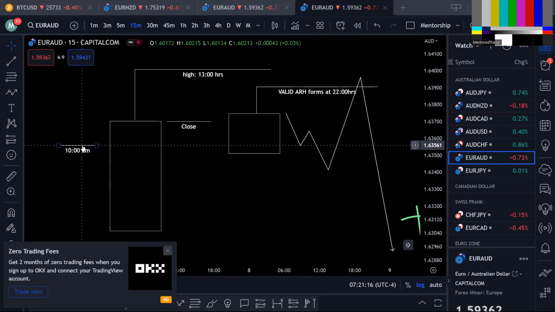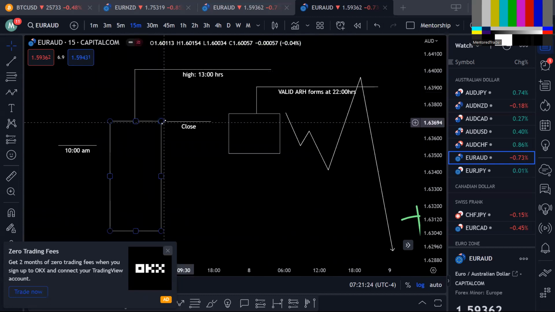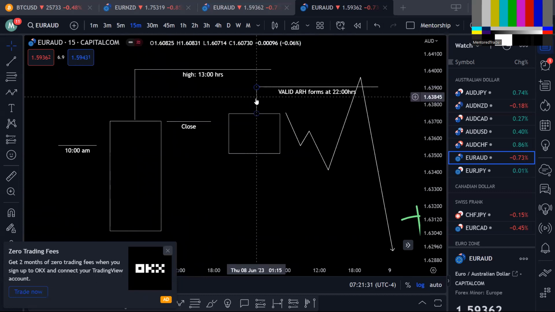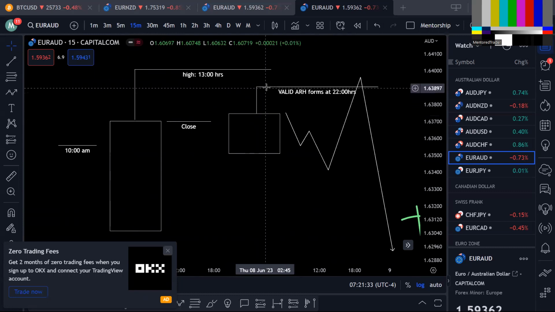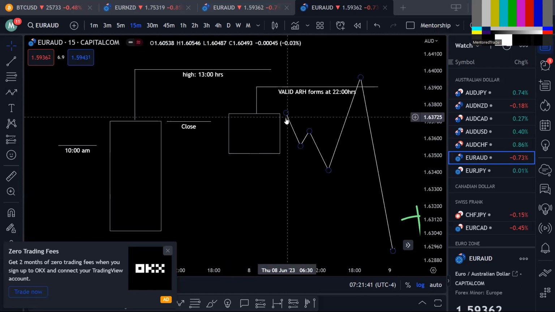The hour rejected price, didn't reject price, rather. Price kept going up. Then the New York hour started pushing price lower. It closed wherever it closed, it's okay. Then 2200 hours, New York time, gave us a high over the current day's candle. Then price went wherever it went.